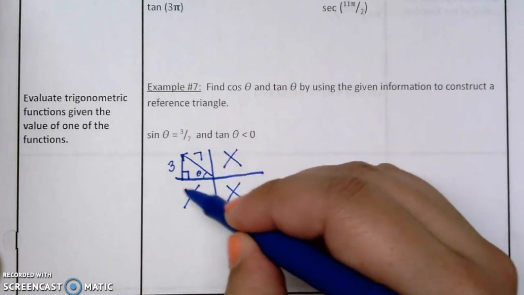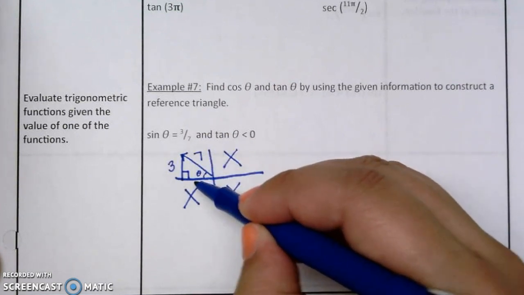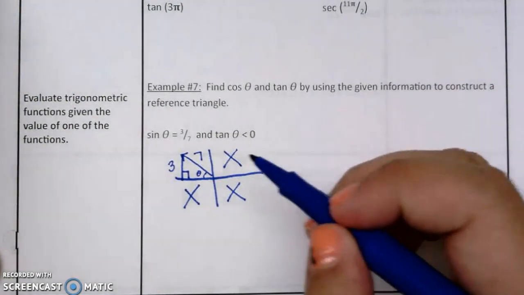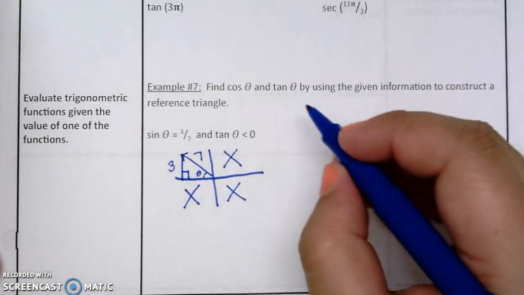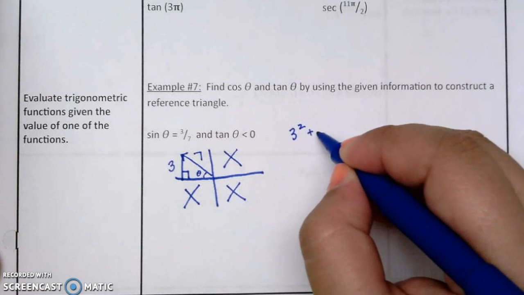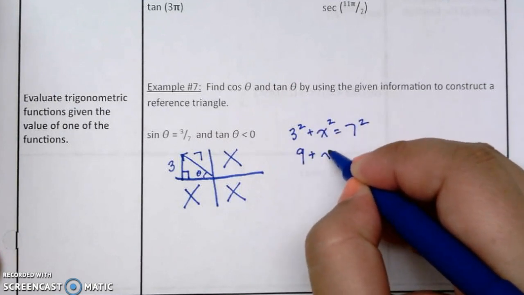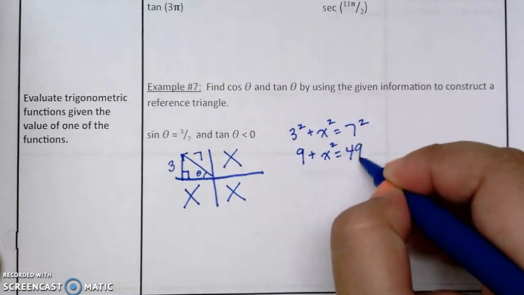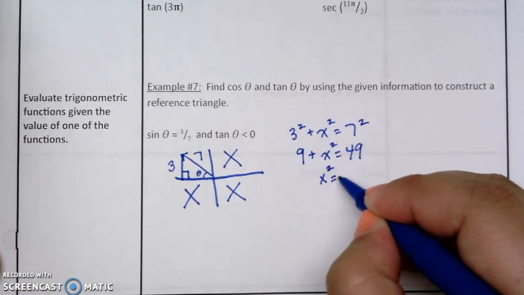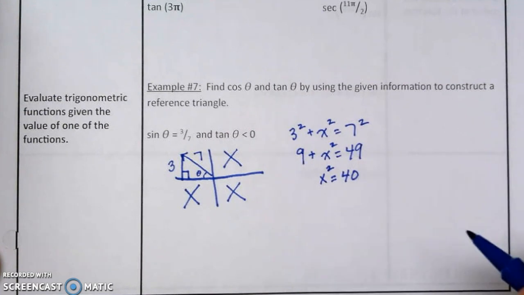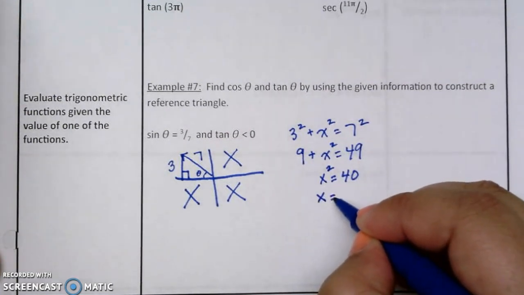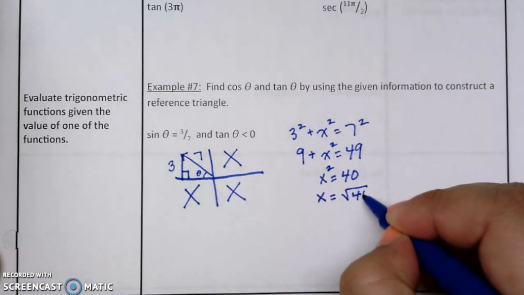So we now have our reference triangle and we need to find our third side. We can use the Pythagorean theorem for this. 3 squared plus x squared equals 7 squared. 9 plus x squared equals 49. X squared equals 40 by subtracting 9 on both sides. So then x equals the square root of 40.